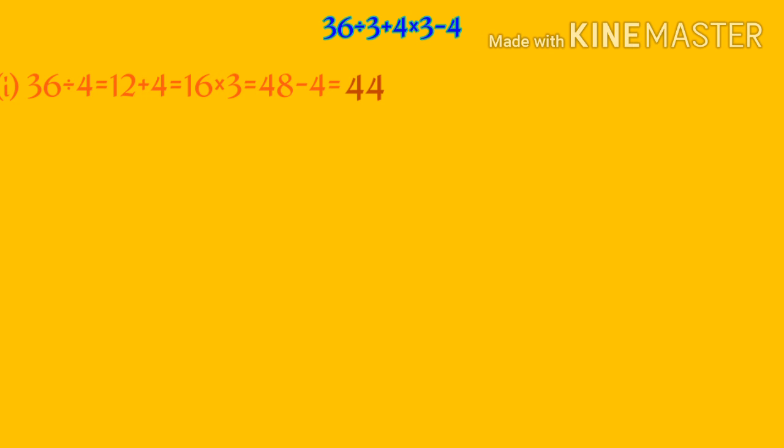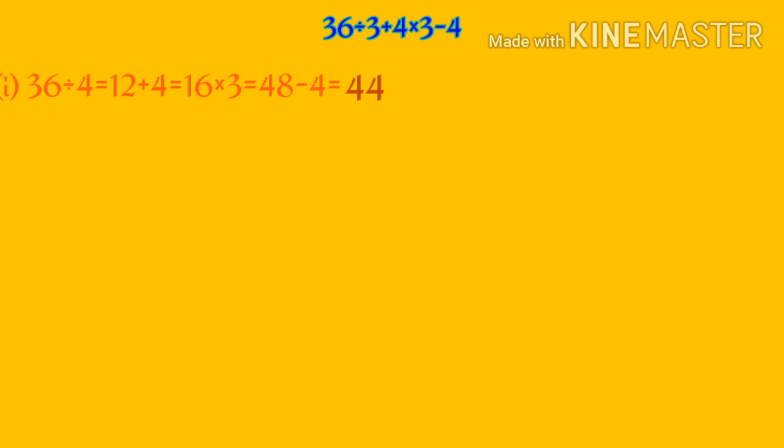Now coming to the BDMAS rule. For this we have to go to the notebook. Welcome to the notebook. Let's start the BDMAS rule. We have to complete this sum. This can be completed in 4 ways. First way is this. This gives 44.